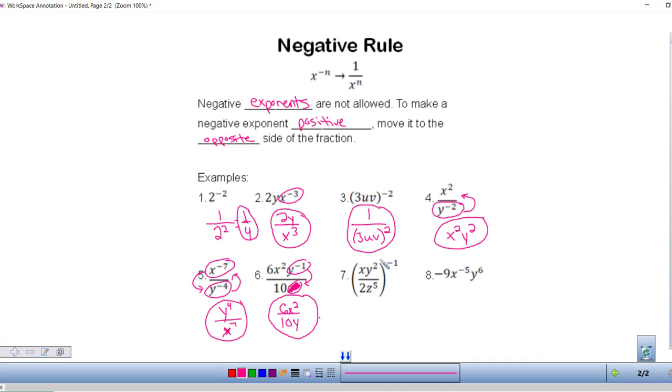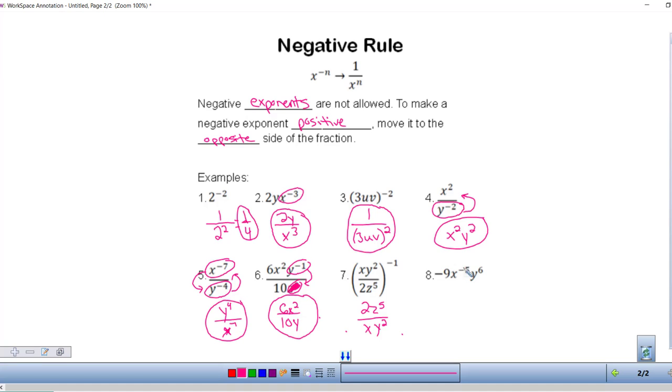Number 7, when we have an entire fraction to a negative power, we just flip the fraction. We have the reciprocal. So 2z to the 5th over xy squared, and technically that would be to the first power, making that positive. But we just said that if there's a positive 1 exponent, we don't need the exponent of 1 because that doesn't change anything.